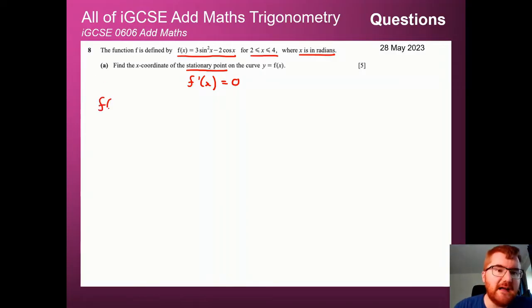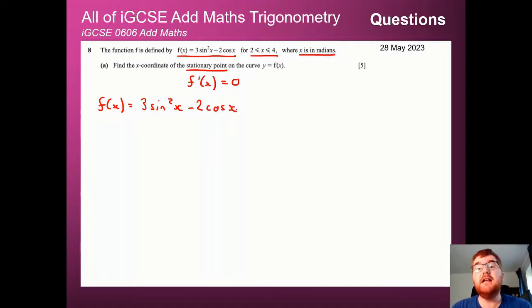So if we take our f of x, which is equal to 3 sine squared x minus 2 cos x, even though this is not a calculus video, it's a useful skill to have anyway, and it's going to tie in with the trigonometry we do later on. So in order to find the derivative of this, again, think of this 3 sine squared x as 3 sine x all squared.